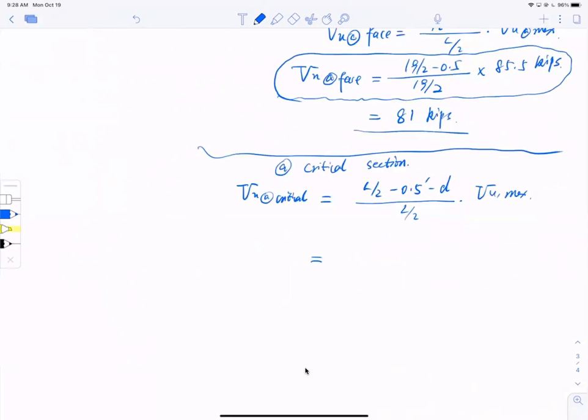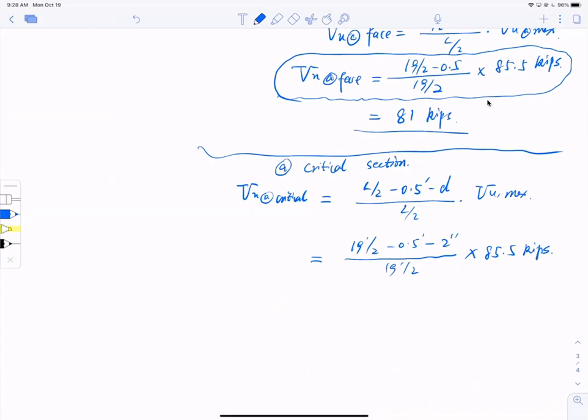So this is going to be 19 feet divided by 2 minus 0.5 feet minus 24 inches, 2 feet, divided by 19 over 2, multiplied by 85.5 kips. I need help again.